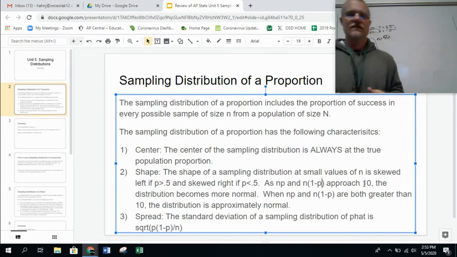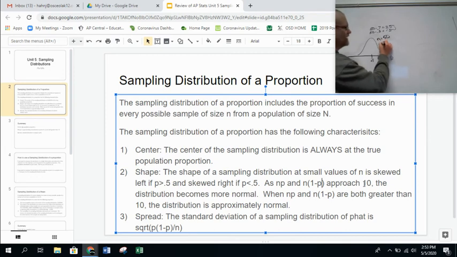The standard deviation of these p hats is equal to the square root of p times 1 minus p over n. That's what we get for the standard deviation. Now this is the population proportion, and this is the other half of it, 1 minus the population proportion, over n.